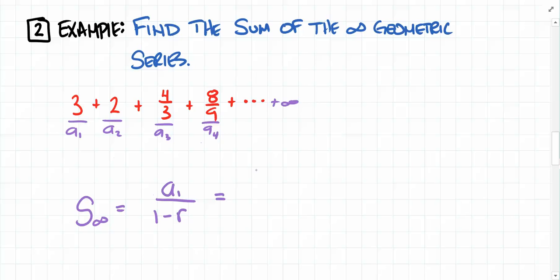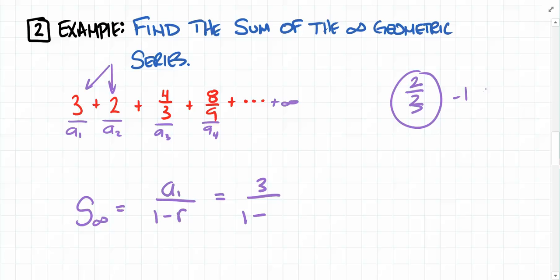Well, the very first term I know, it's pretty simple. It's 3 over 1 minus, I need the ratio. So pick any term that you want and divide off the previous term. So the ratio is 2/3. Since 2/3 is in between -1 and 1, I know that I can apply this formula.